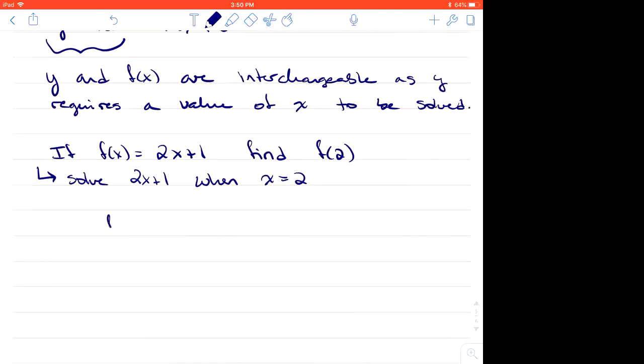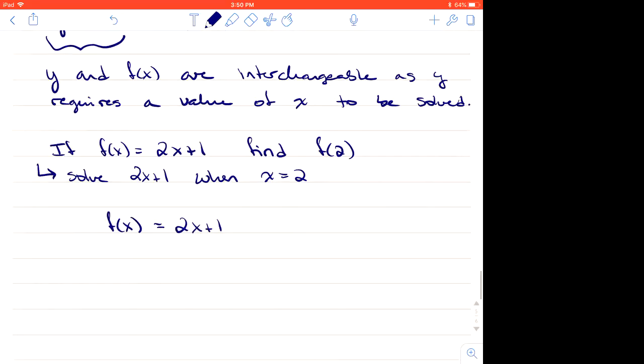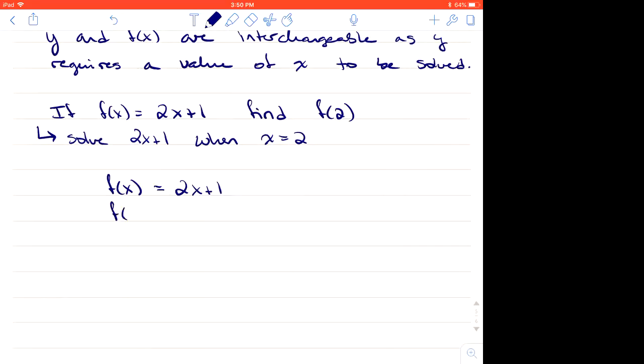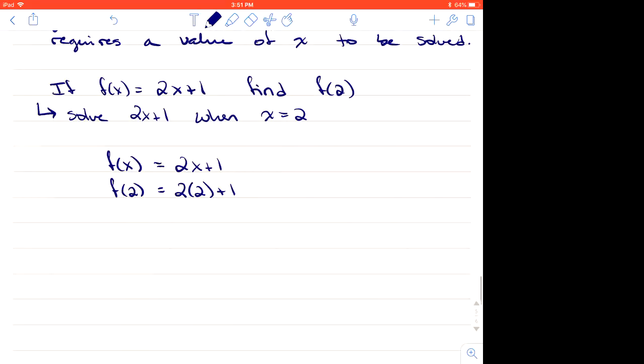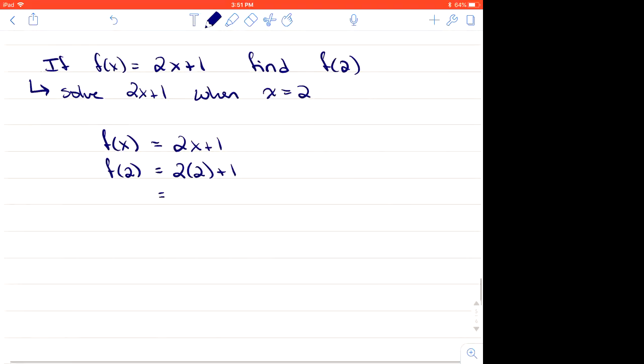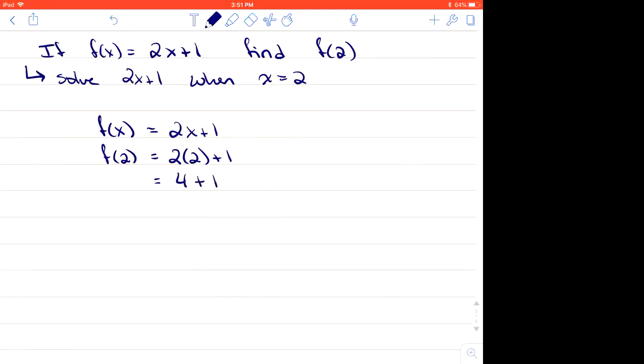So we're told that f of x in general is 2x plus 1. Now, in more specific terms, f of 2 is going to be 2 times 2 plus 1. Four plus 1. Or if you want to skip to 5, that's fine by me.